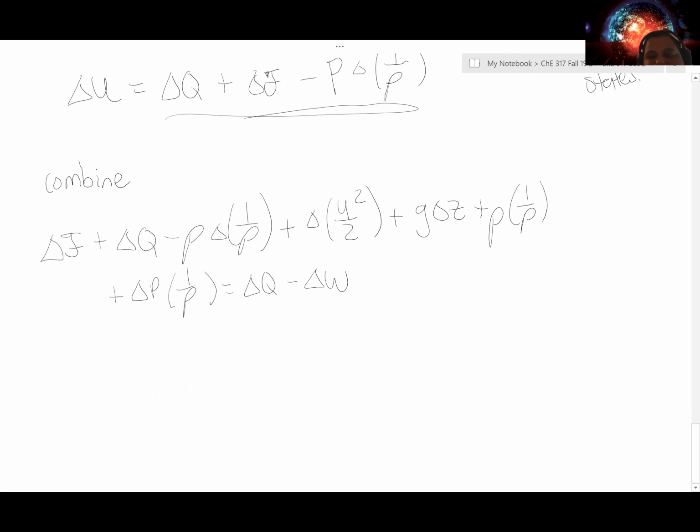And what we're left with is an expression here. So this is an energy balance expression between two states.